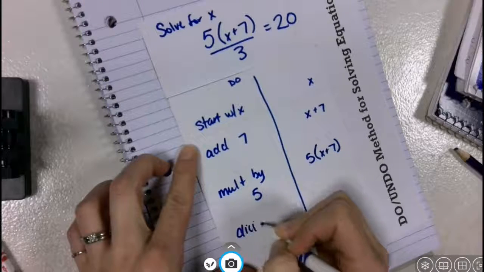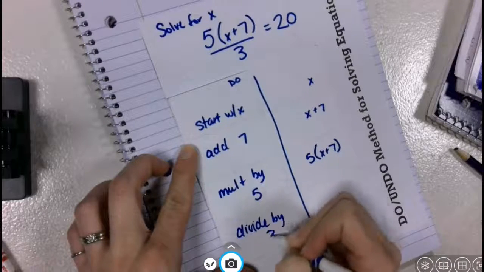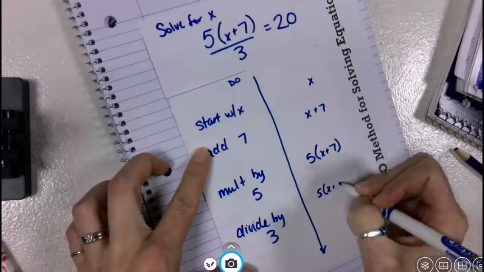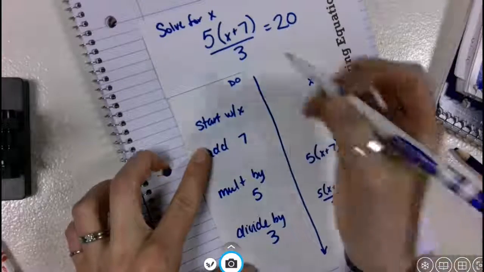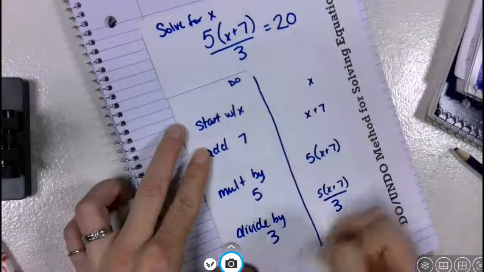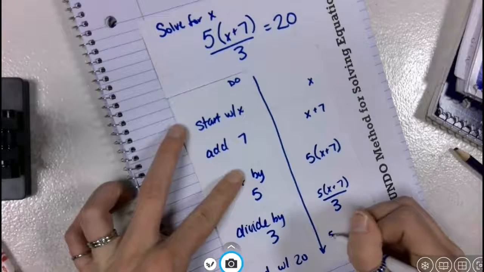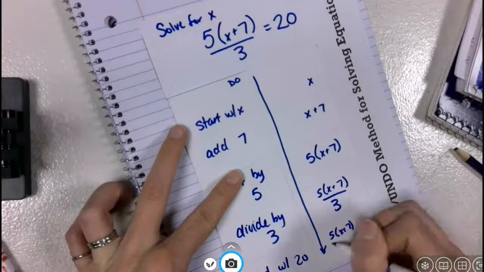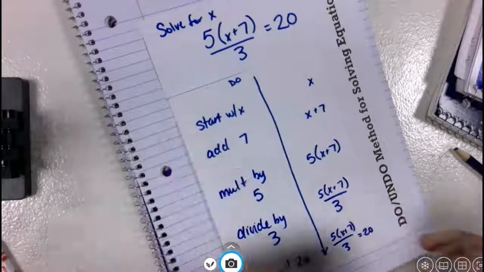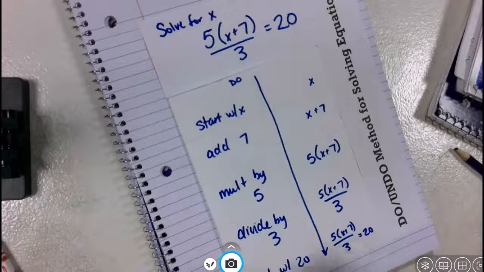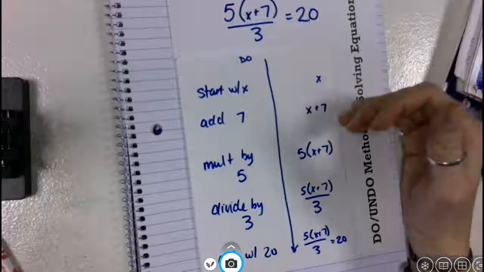So I divide by 3. So I end up with that 5 times x plus 7 divided by 3. The very final thing is I see that I end with 20. So then I have my whole thing.